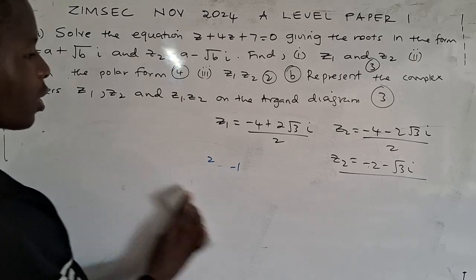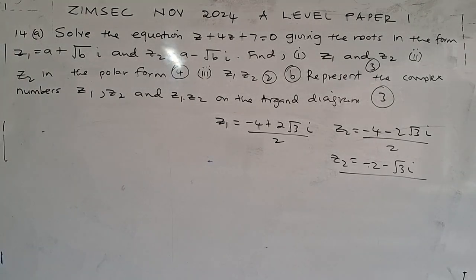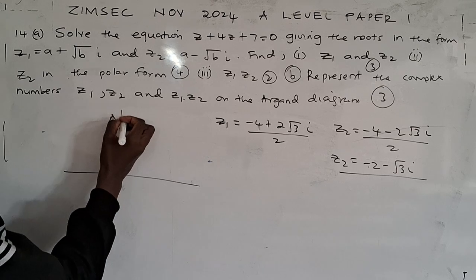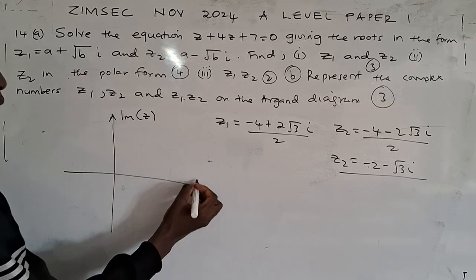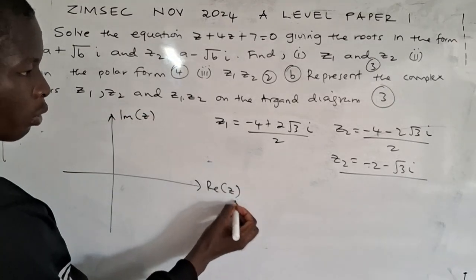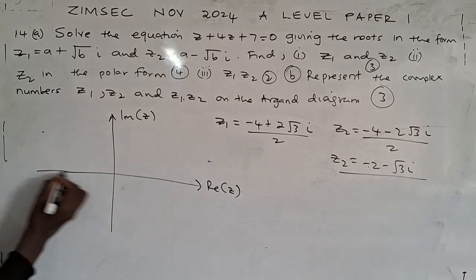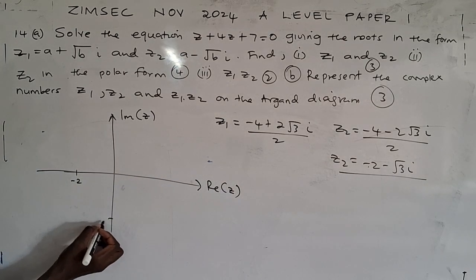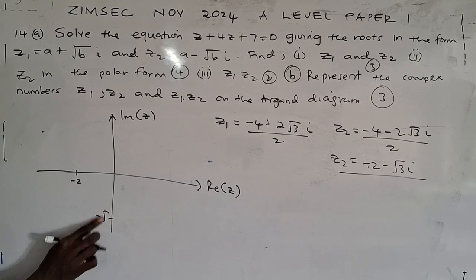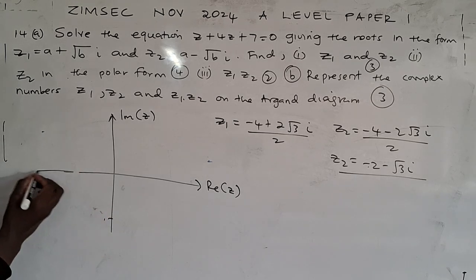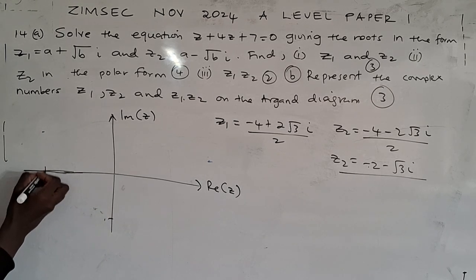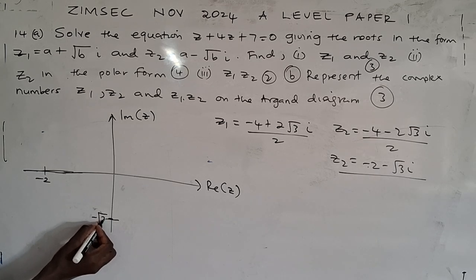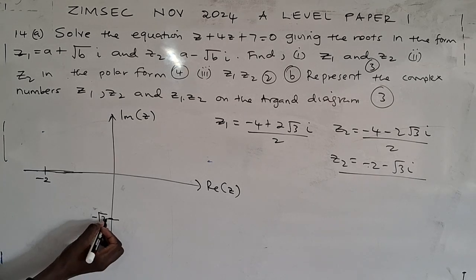You are supposed to represent this on an Argand diagram. So this is the Argand diagram. The imaginary part of Z, the real part of Z. Z2 is on negative 2, this is negative 2, and this is negative root of 3i.